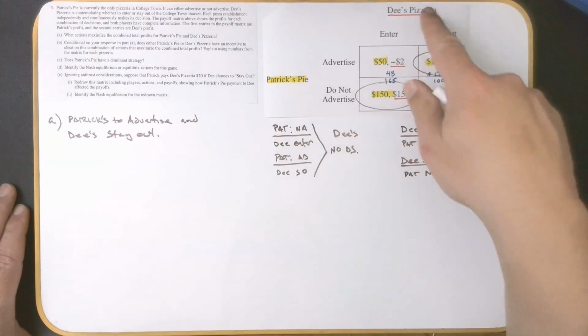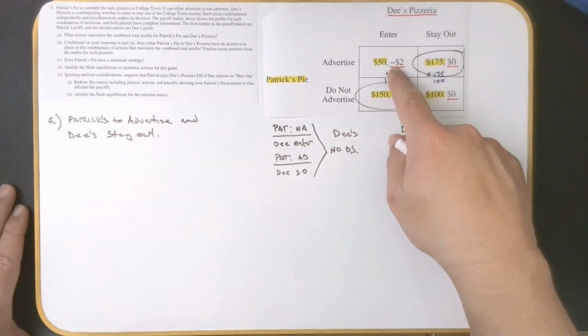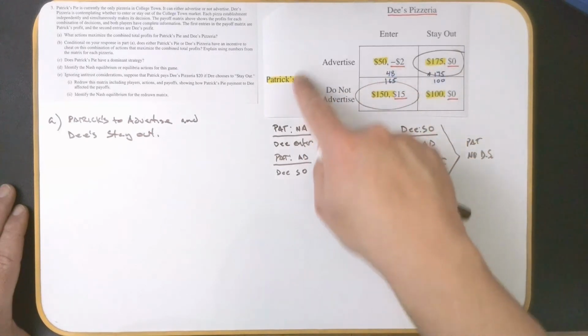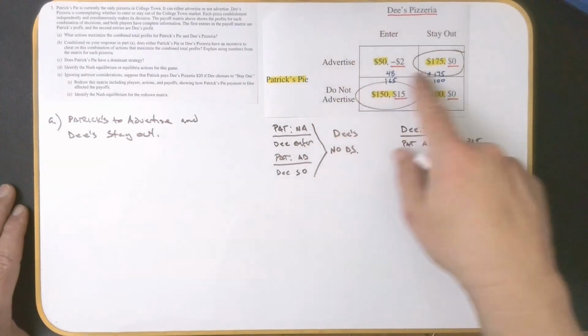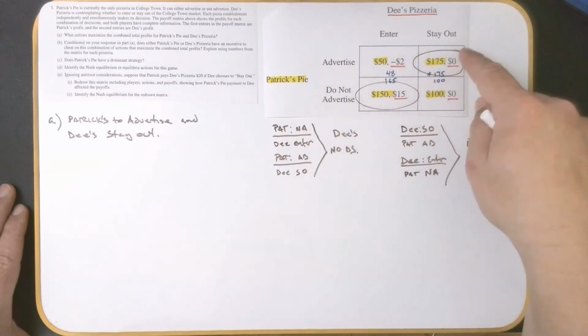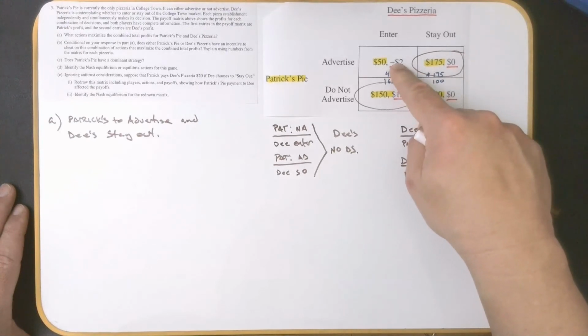So does D's Pizzeria have an incentive to cheat and go from making nothing to making negative $2? No. They're incentivized actually to keep the deal because Patrick's Pie is going to advertise. So you can't even go down here because they're advertising. So which one's better? Right here is better for D's Pizza. They don't have an incentive to cheat because they'll lose money.